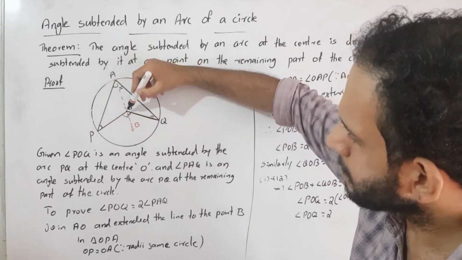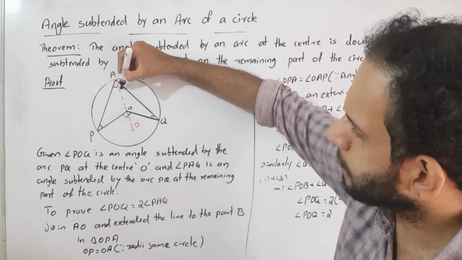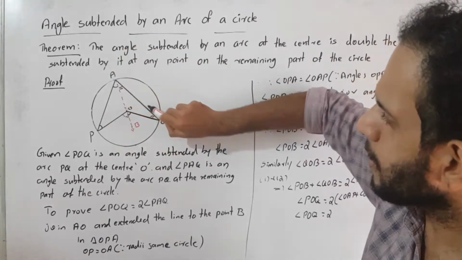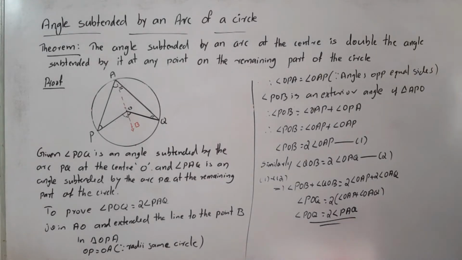If we add these two angle measurements, what do we get? We get the result, angle PAQ. Correct? So it is angle PAQ. So we prove with the result angle POQ is equal to 2 angle PAQ.